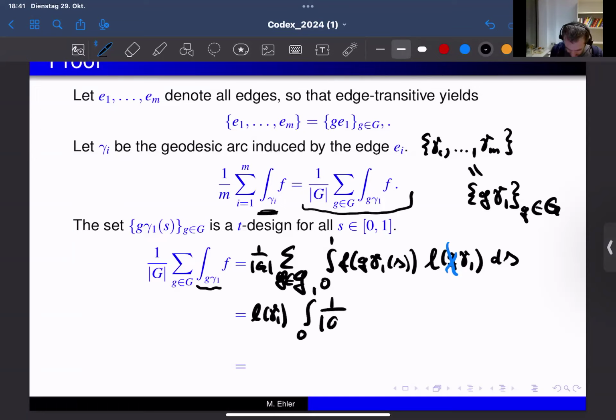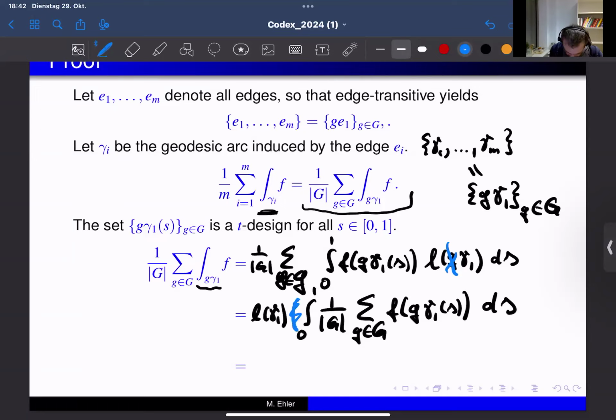Then I have 1 over the order of the group, sum over G in capital G, f at G gamma 1 at s, ds. And now this here is actually the summation over spherical T-design points.